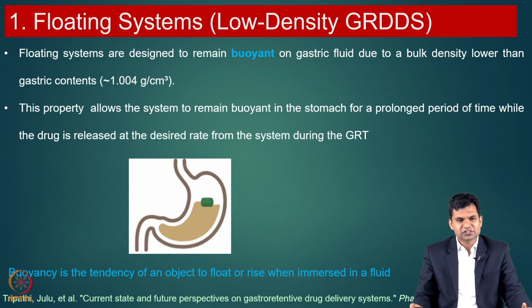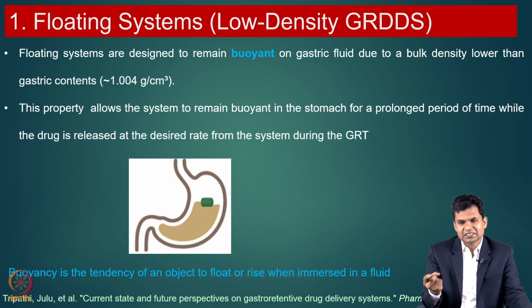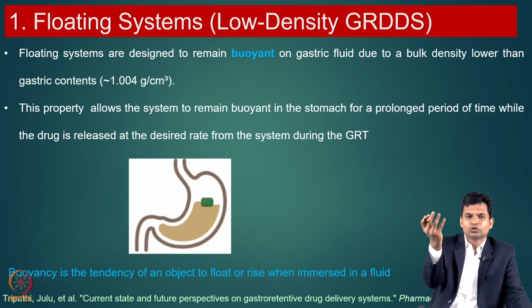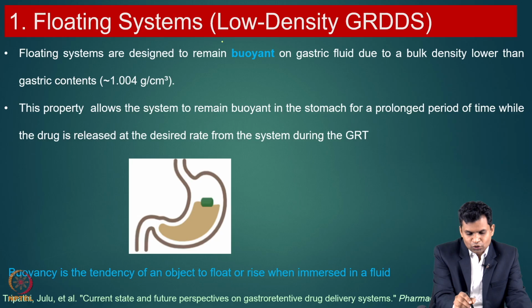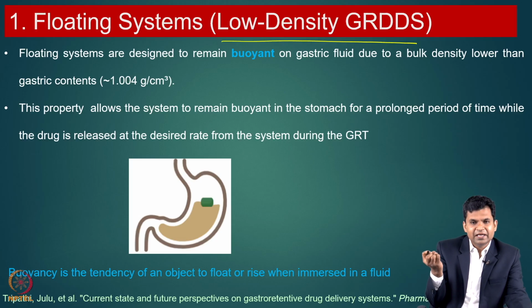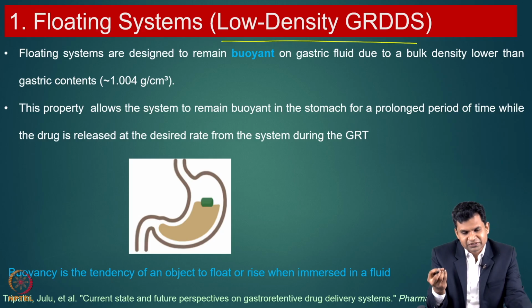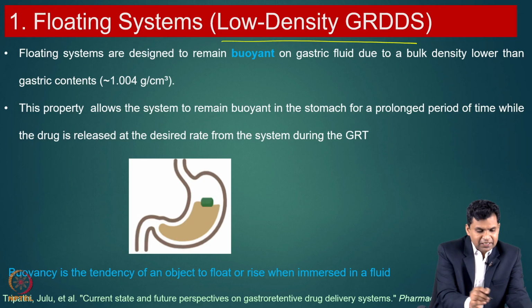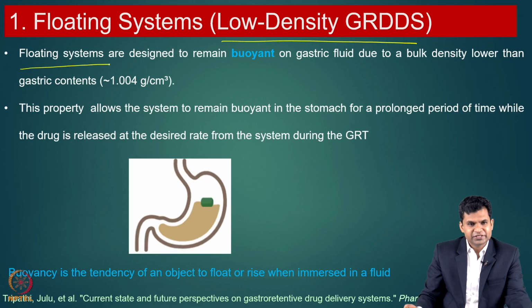The first topic is floating systems, and from the title you will understand that there is a mechanism required to float your formulation in the GIT fluid. This is also known as low density gastroretentive drug delivery systems. These systems are designed using some agents or polymers and a combination of excipients which help the formulation float.